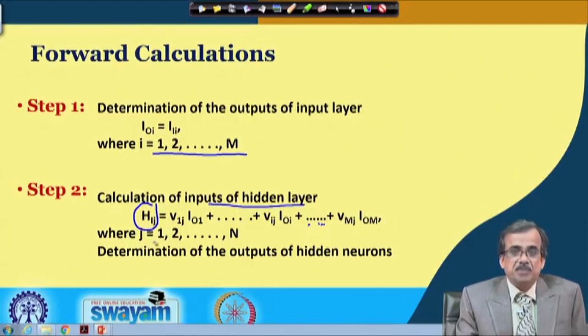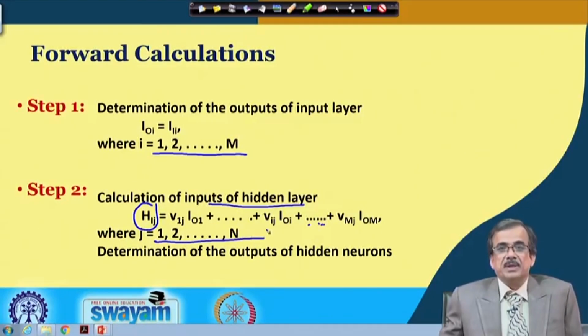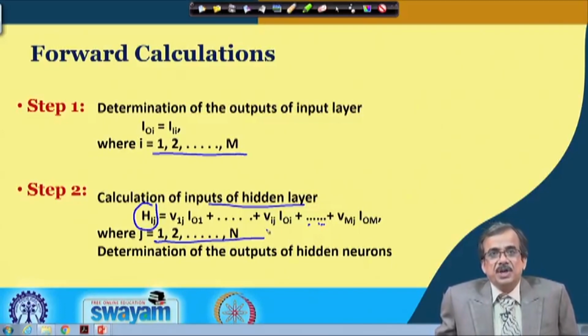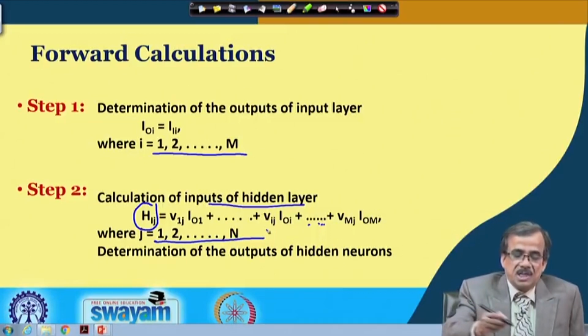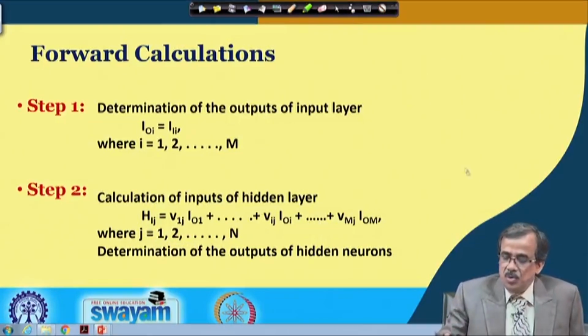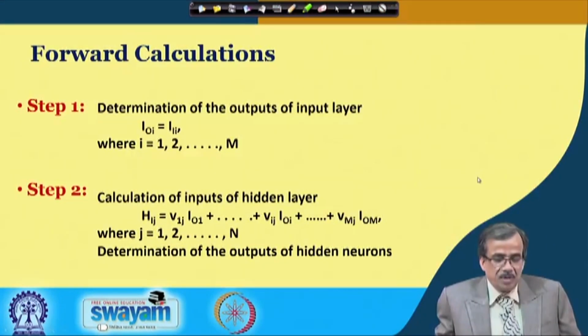Here j varies from 1 up to n. Once you have got the input of the hidden layer, it will be passed through the transfer function to find out the output of this hidden neuron.